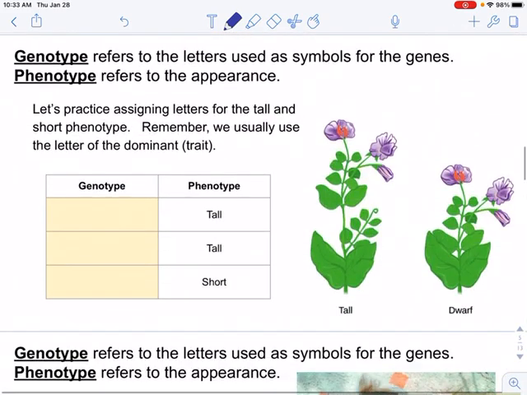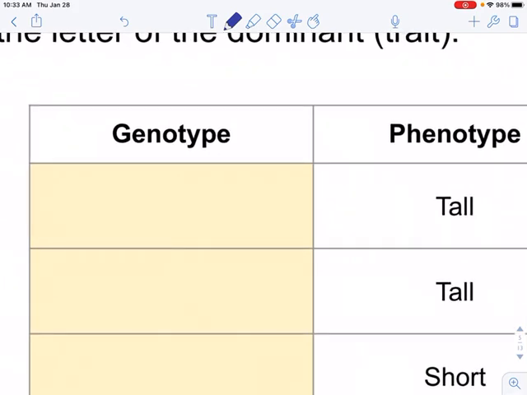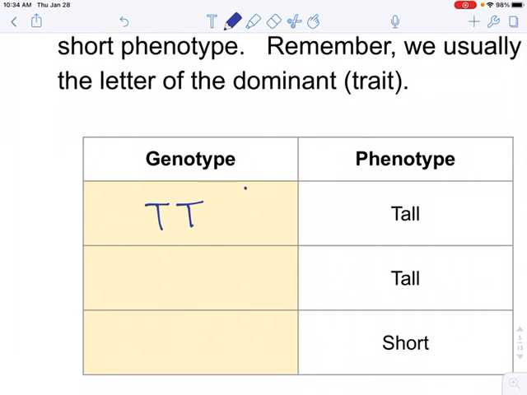So let's practice assigning letters now. Like if we assigned a genotype, remember that in order to have the dominant trait, you could either have two dominant alleles, so this is what we would call homozygous dominant. Or you could just have one dominant allele and one recessive.